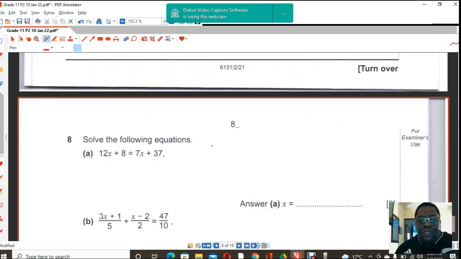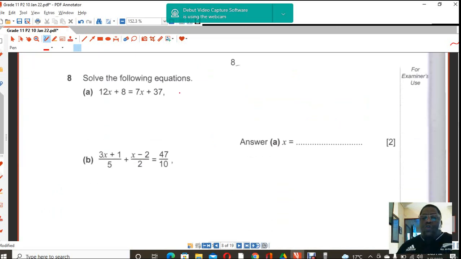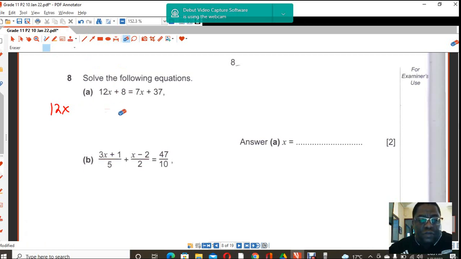The next question, obviously, we have a little bit more, we have equations now. So this one, you have 12x minus 7x equals 30. Oh, the pen is not cooperating so well. So let's start again. 12x minus 7x. So what I'm doing is I am collecting like terms.